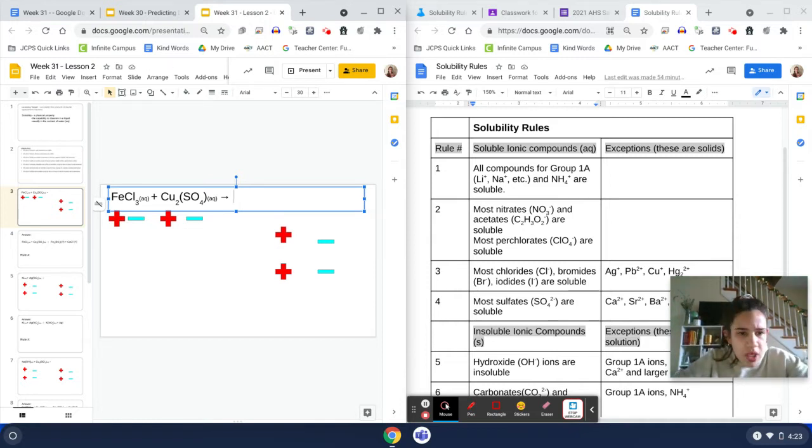So, knowing that, we are going to say Fe subscript 2, SO4 subscript 3. If you are slightly confused how I did the subscripts, we did talk about it last week.